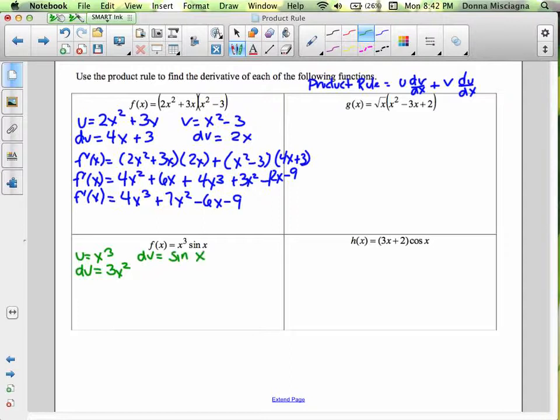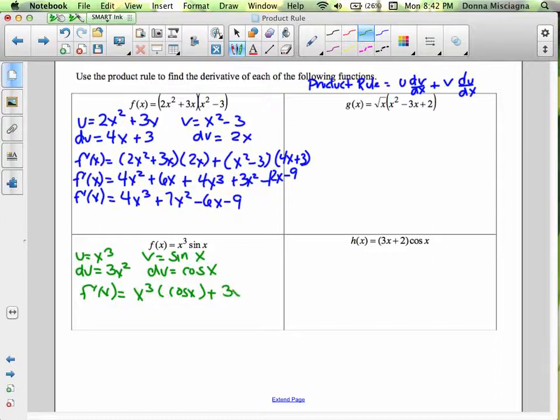And if you remember from the other page, the derivative of sine x is cosine x. Right, so our derivative is going to be the first, the x cubed, times the derivative of the second, so times cosine x, plus the second, sine x, times the derivative of the first.